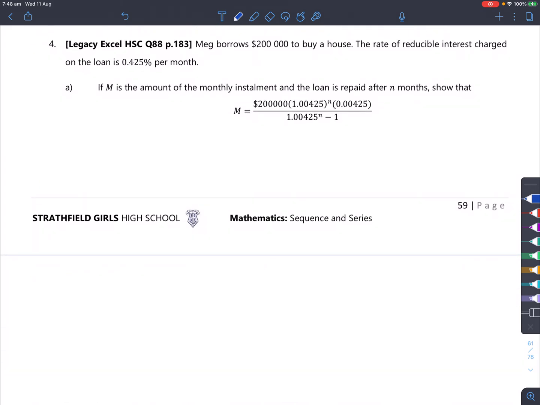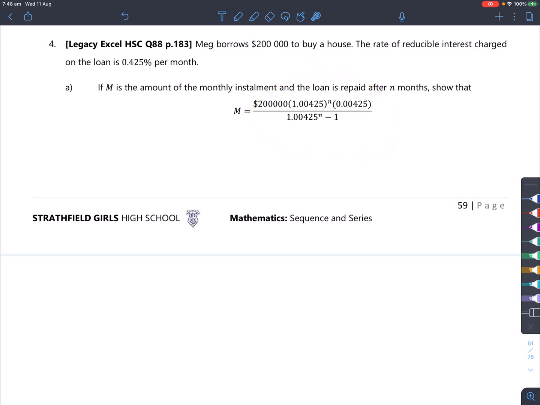Okay, let's go on to question 4. So in question 4, Meg borrows $200,000 to buy a house. The rate of reducible interest charged on the loan is 0.425% per month. If M is the amount of the monthly installment and the loan is repaid after n months, show that M is this expression.